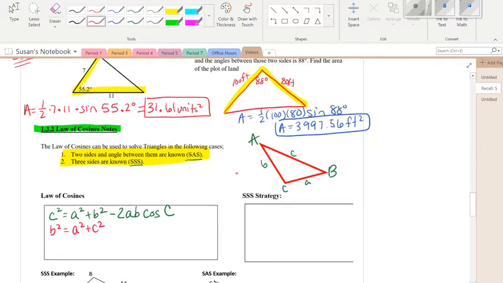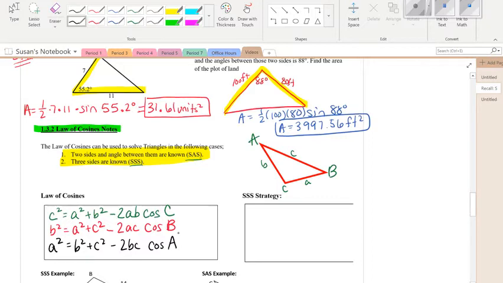But again, there's no hypotenuse here because it's not a right triangle, so that's why we have to write minus 2 times those two side lengths times the cosine of the angle that's opposite that side, so of B. Go ahead and take a moment to see if you can solve for a squared and write that on your own. So a squared would be b squared plus c squared minus 2bc times the cosine of A.